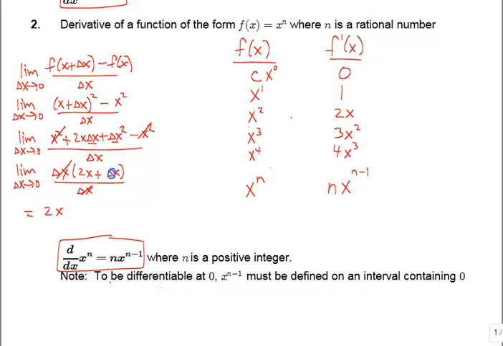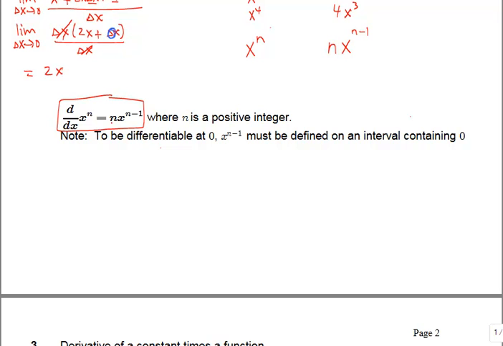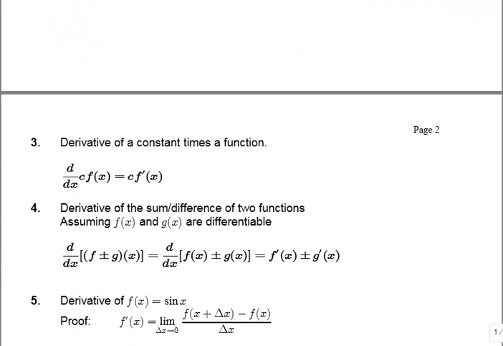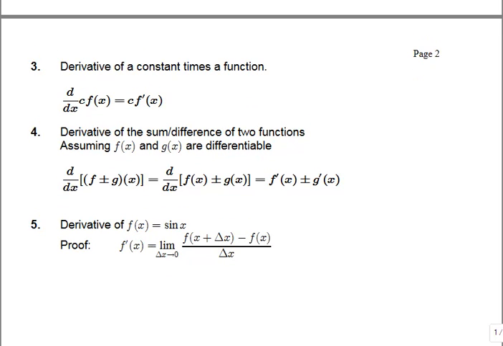So we just have to make sure in this note that to be differentiable at 0, in order for that derivative to exist at 0, x to the n minus 1 must be defined on an interval containing 0. So this is called your power rule, and you're just going to bring down the power and subtract 1 from the power. We're going to practice all of these rules once we get our little list together.